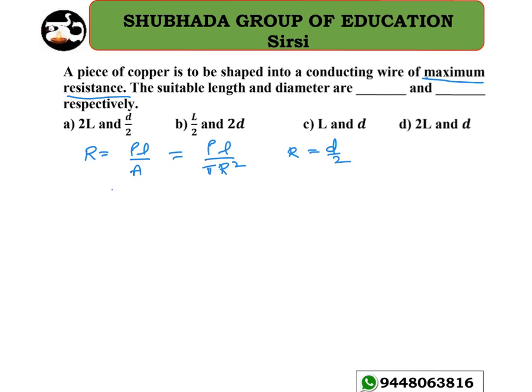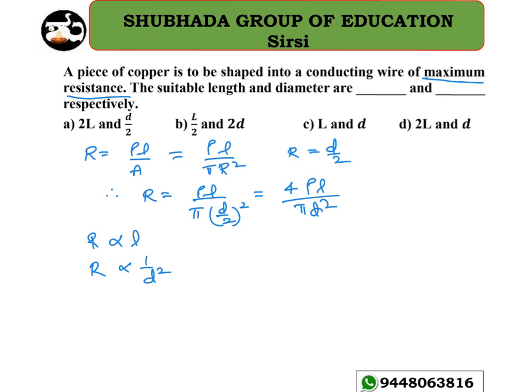So I can take resistance R is equal to rho into L divided by pi into (D by 2) the whole square, that is 4 times, since 2 squared is 4. It goes to the numerator: 4 into rho into L divided by pi into D square.